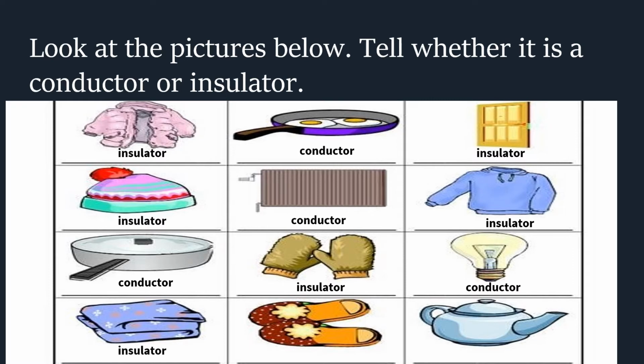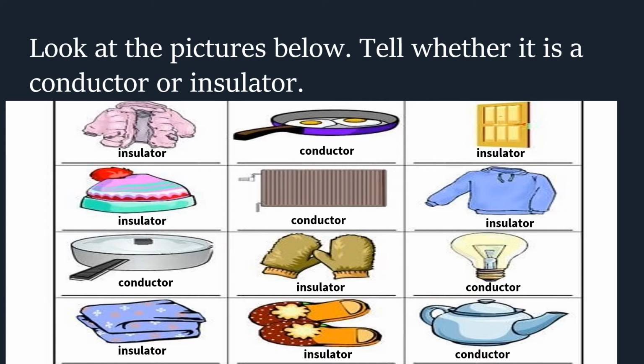It is an insulator. How about the doll shoes? Correct. It is an insulator. And the last one, we have the kettle. Very good. It is an example of conductor.